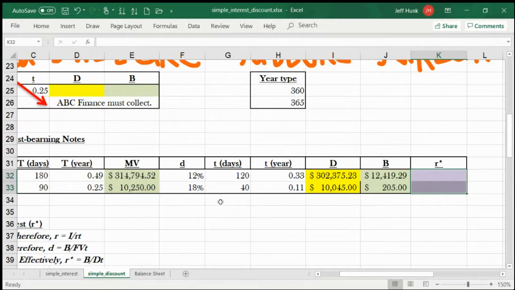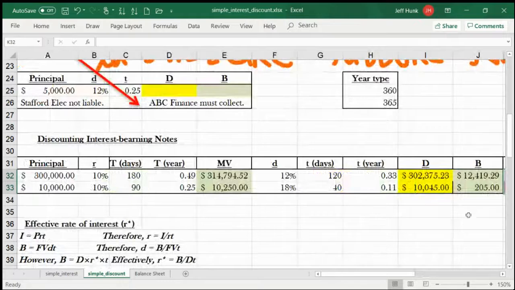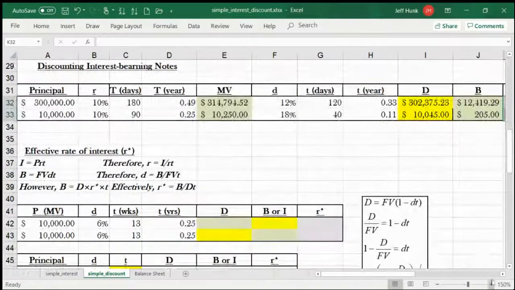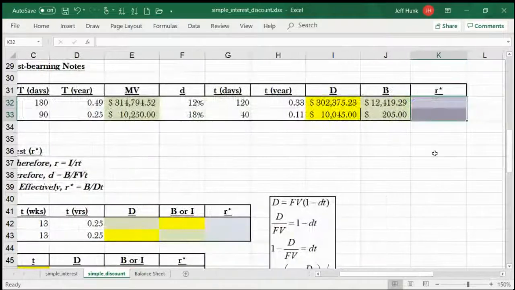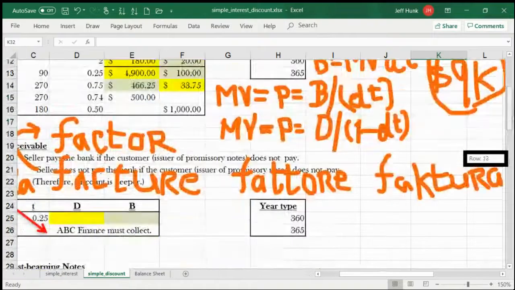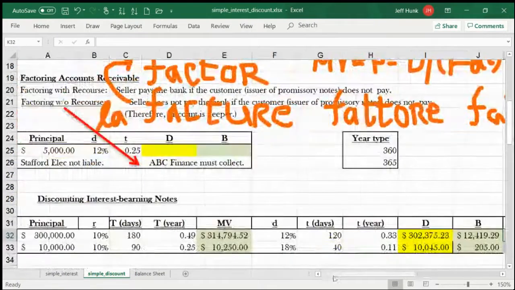Now here, we need to understand what effective interest rate is. But actually, we'll be doing the exercise on the effective interest rate in the next video.